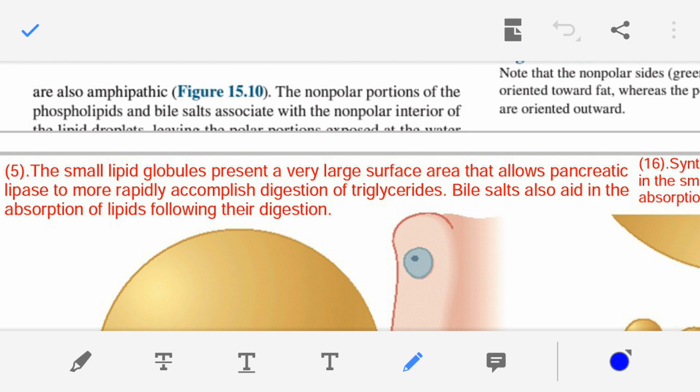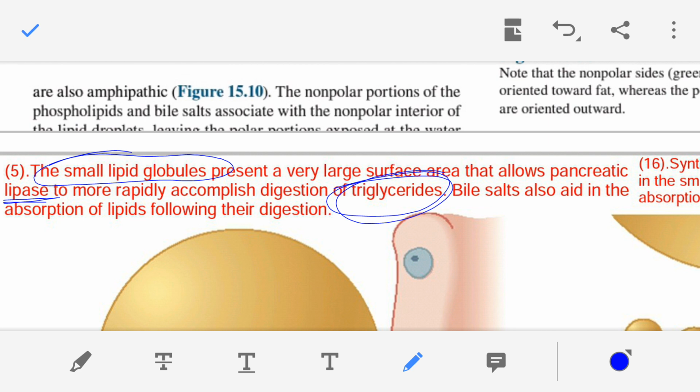So as the surface of the lipid has increased, this enzyme lipase can act very rapidly on the small lipid globules. This lipase is acting on the triglyceride, and we know that in the structure of lipid, triglycerides are present.